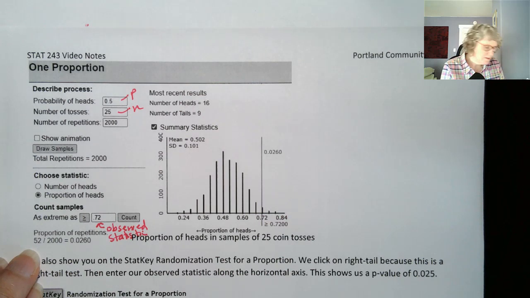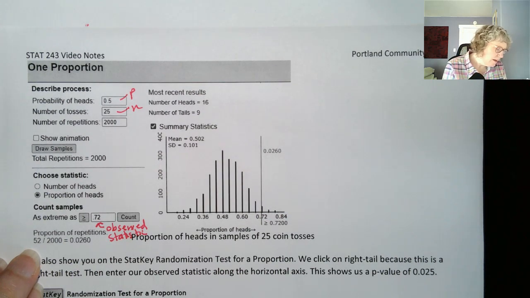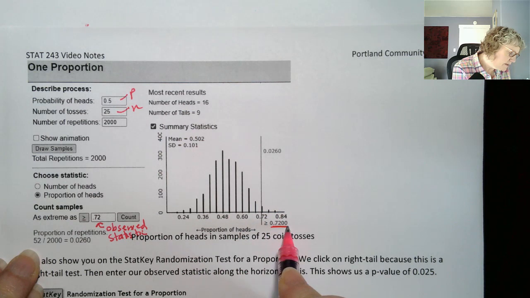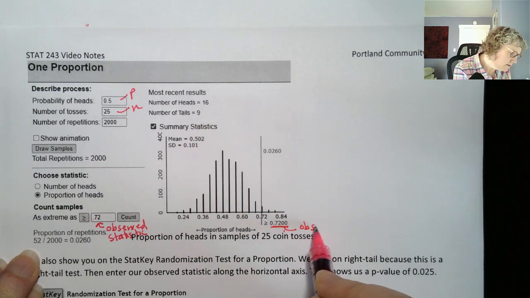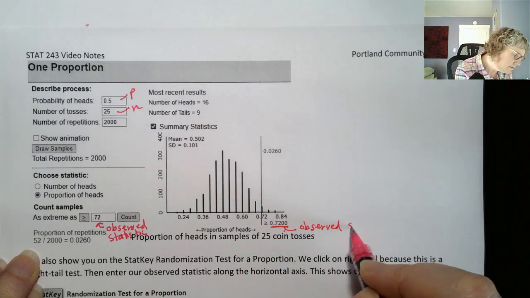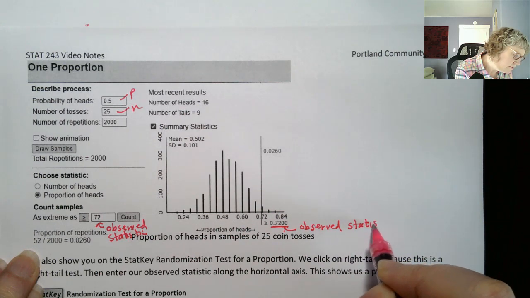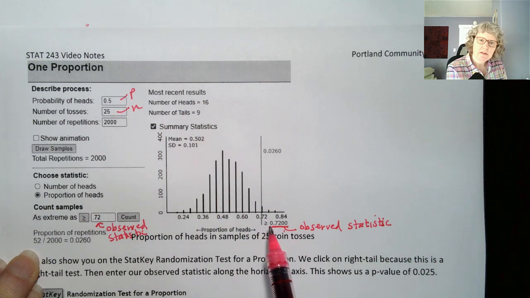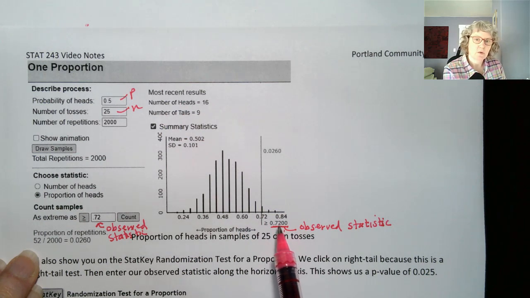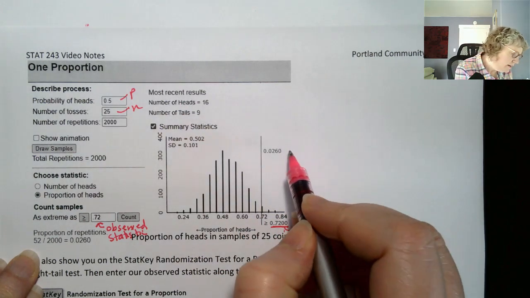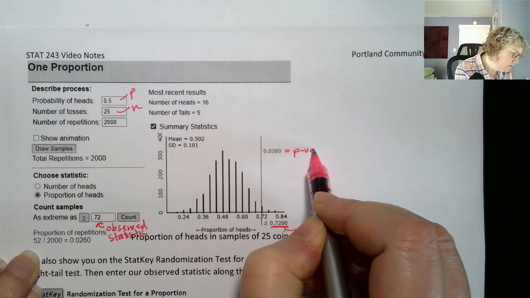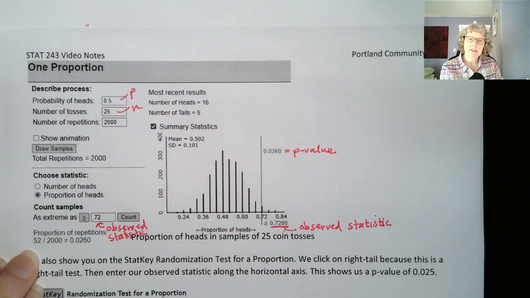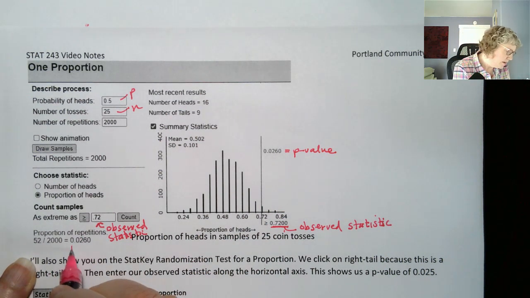Different books say different numbers, but we're doing around 2,000. And then here's our observed statistic again. But this time it's on the graph, and it's counting how many samples we got that were 72% heads or more. And then this is our p-value, or probability. That is also down here, p-value.